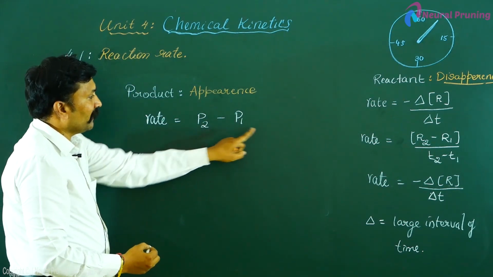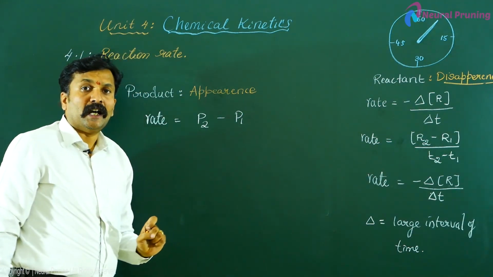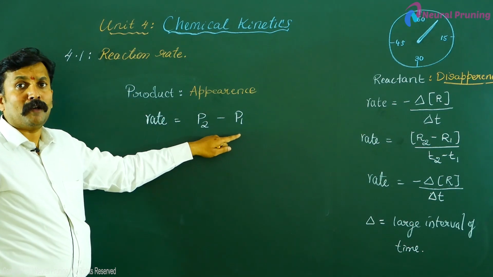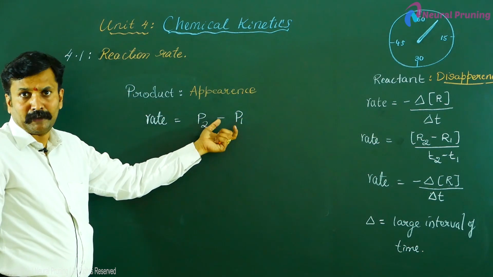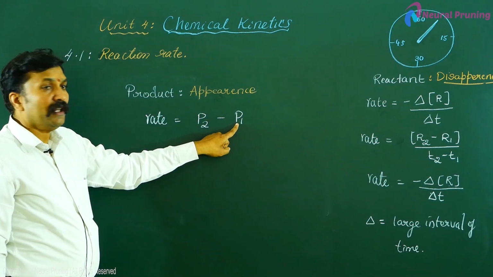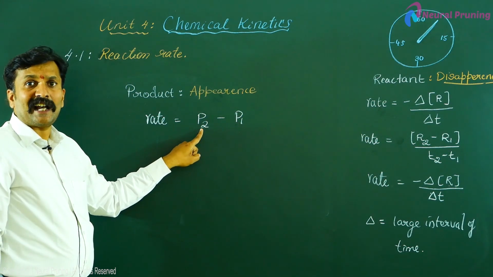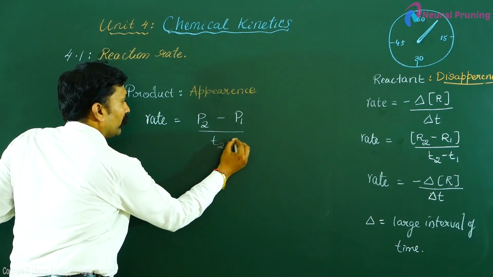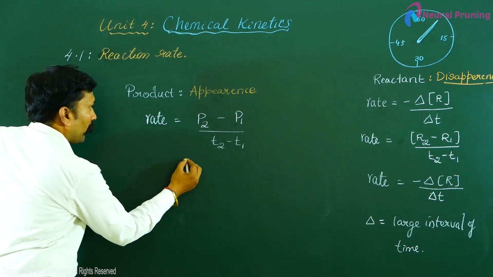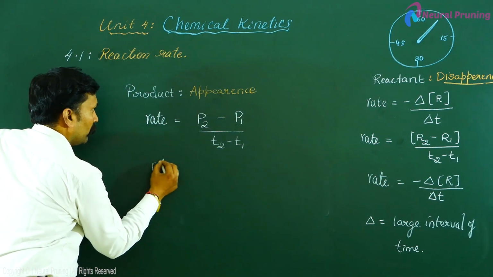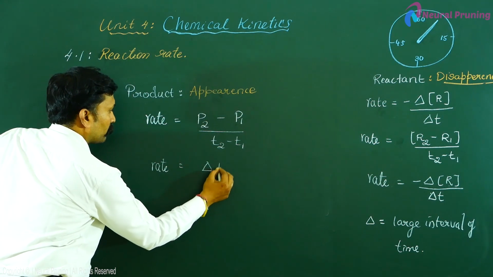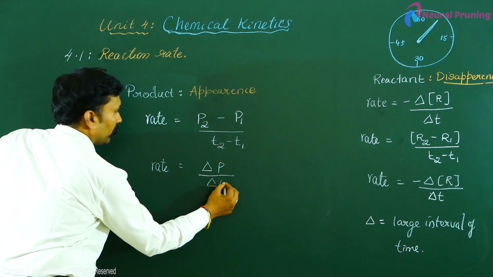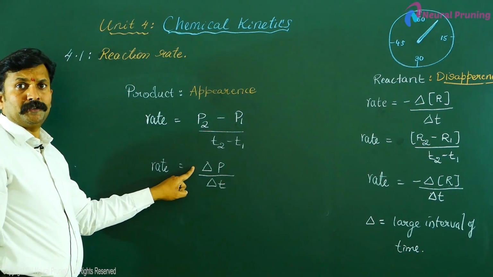Diagrammatically, we have seen that at P1 no product has formed at zero time or T1, so it is a low value, and this is a higher value, divided by T2 minus T1. You can write this expression as delta P by delta T. Here we are getting a positive value.